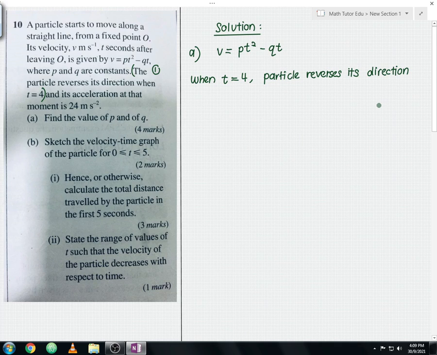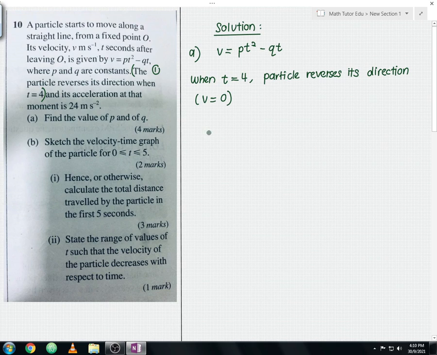When a particle reverses its direction, this condition concludes that your velocity will be equal to 0. Using these two pieces of information, we're going to substitute into this equation.